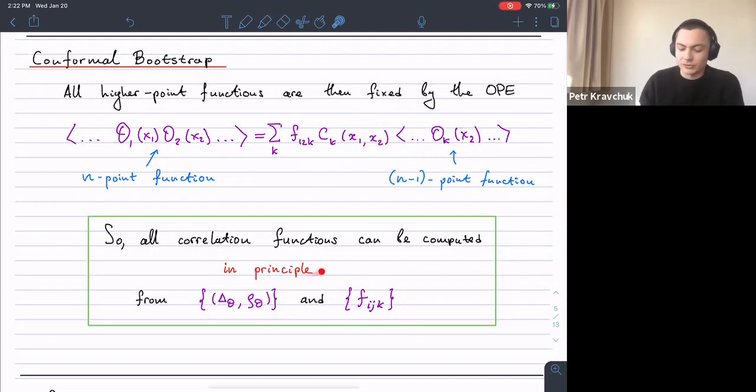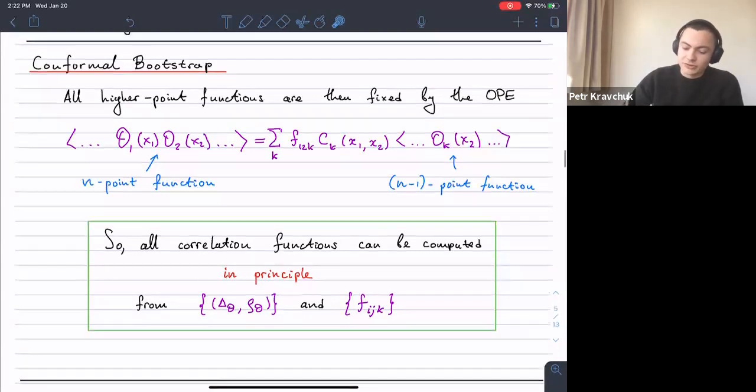However, it's important that this is only true in principle, because even if you know all of this data, and you sit down and you want to compute an n-point function, you can only compute it where this expansion converges. And then you have to analytically continue it to the places where it doesn't converge.